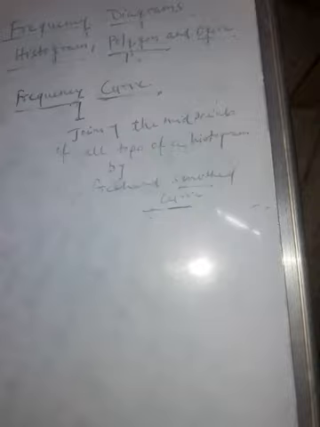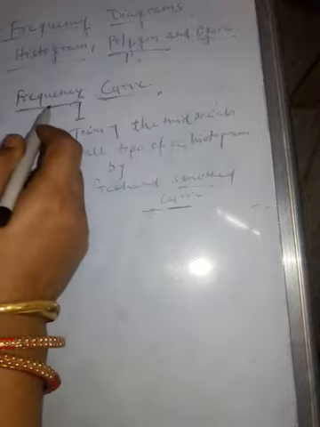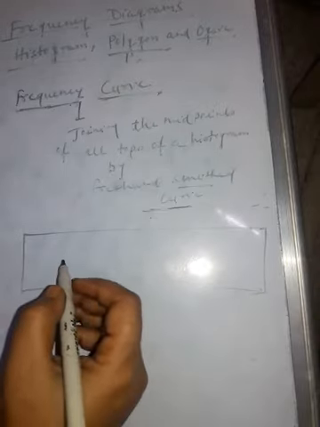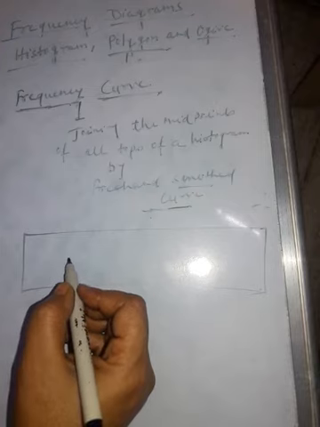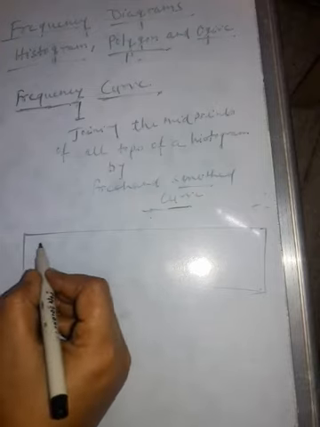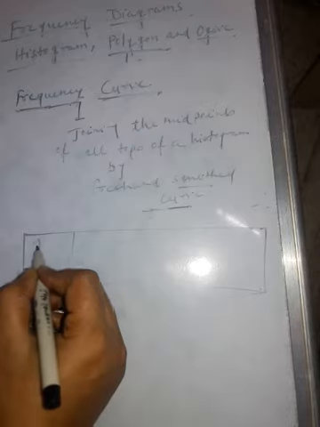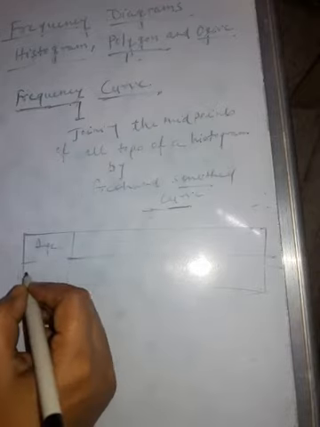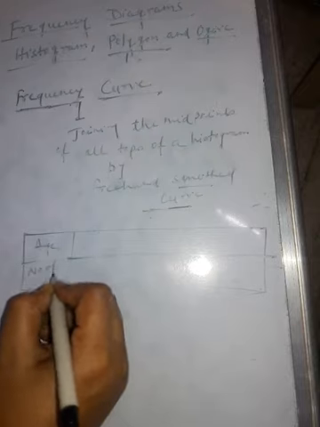Okay, now I will explain it. I will draw a frequency curve with the help of one example. Again, suppose I have data of population, like age and number of residents.